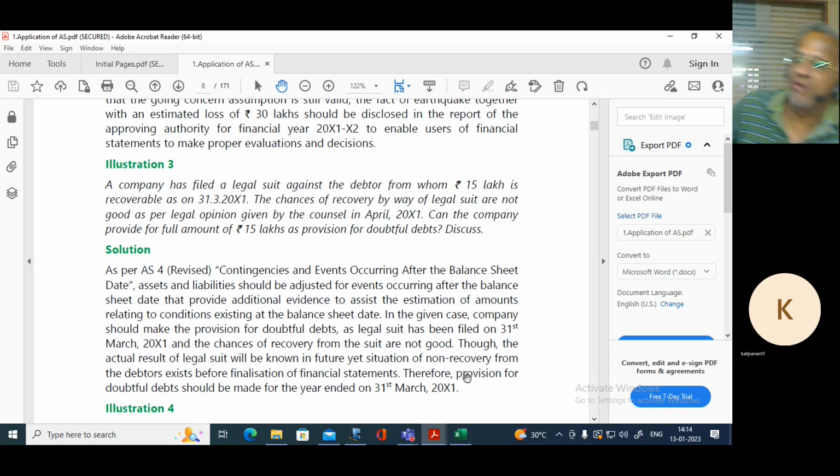What is the condition of the asset on the balance sheet date? It was not recoverable because suit was filed against the debtor. When the suit was filed, there was a dispute on that particular item, so there was some uncertainty. The legal opinion that you get after this, by April, confirms a position about the item which was uncertain by 31st of March.